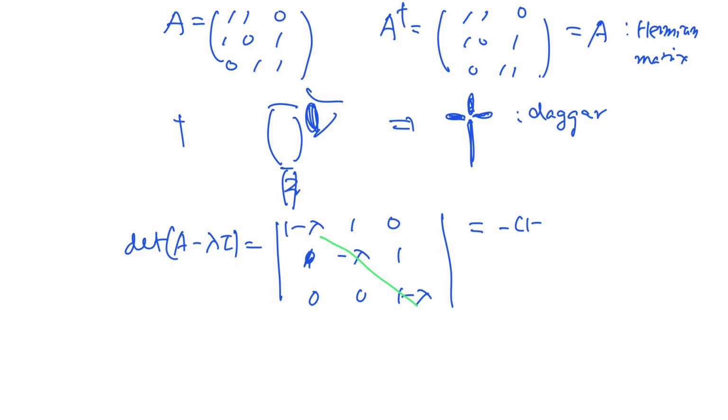Minus 1 minus lambda, 1 minus lambda, lambda. This is 0, this is 0, this is 0.